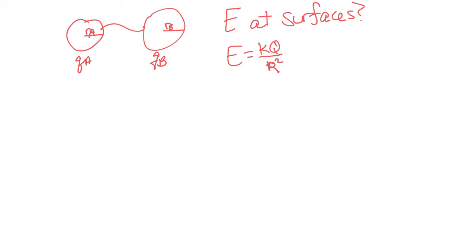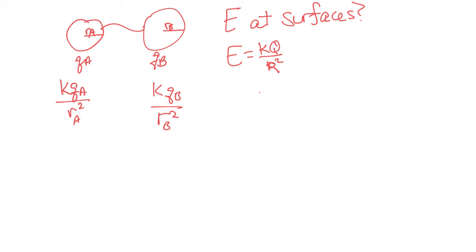We've done that a bunch of times, and you can prove that again using Gauss's law. So in this case we've got KQA over RA squared, and that's KQB over RB squared. So which one of these is bigger?